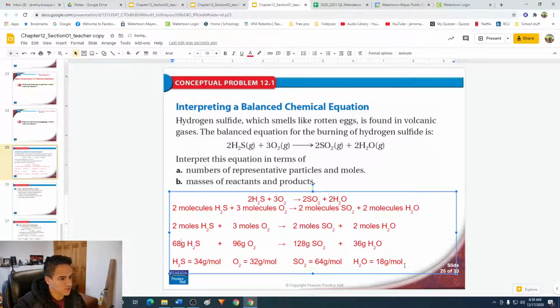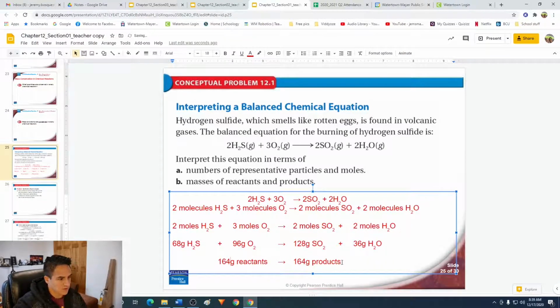Now, one thing we can do to check and make sure that this looks right is if we add up our reactants and the total mass we have there, and we add up our products, they should be the same or very close, based on rounding. So 68 plus 96, that is 164 grams of reactants. And 128 plus 36 is 164 grams of products.